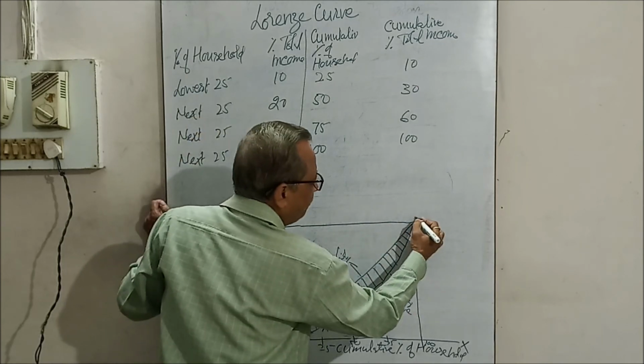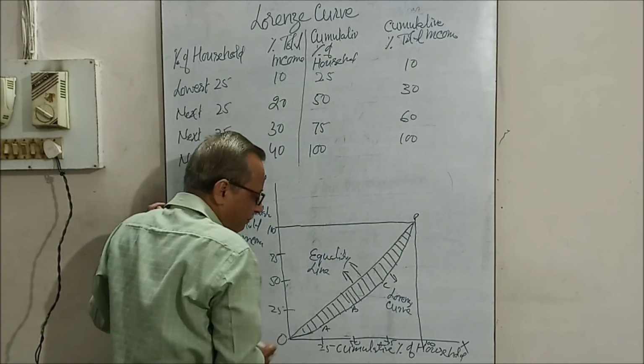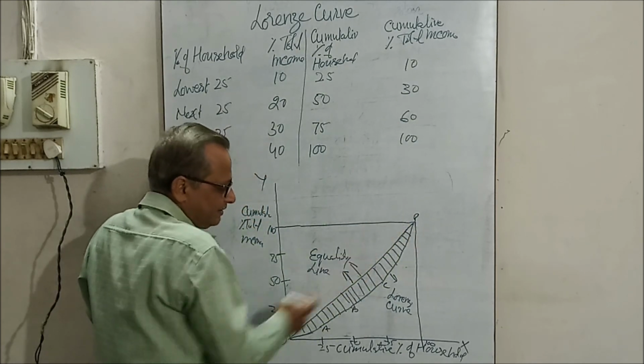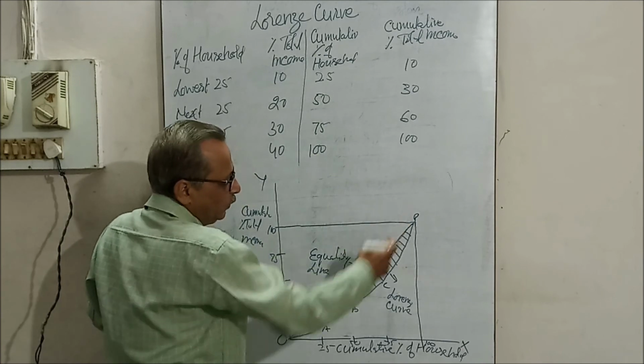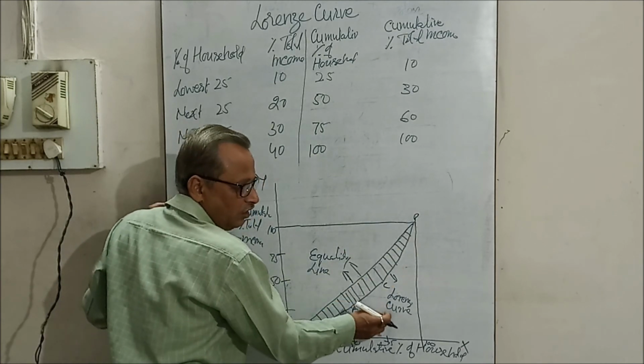So this is called the OP line. The straight line OP is the equality line, whereas this is the inequality line, and it is called the Lorenz curve.